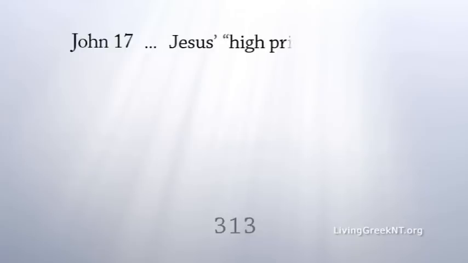To find an answer, we go to the 17th chapter of the Gospel of John. John 17 is important. It is Jesus' high priestly prayer. It is the prayer that Jesus prayed after the Last Supper. It's the prayer that Jesus prayed before he went to the cross.